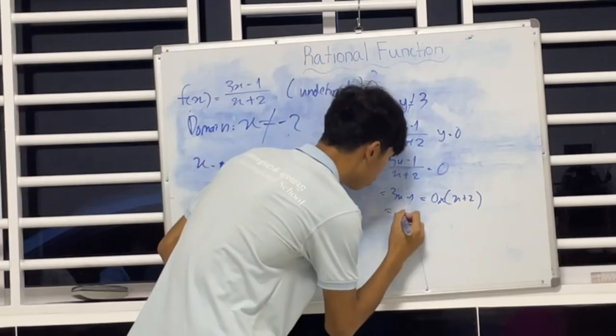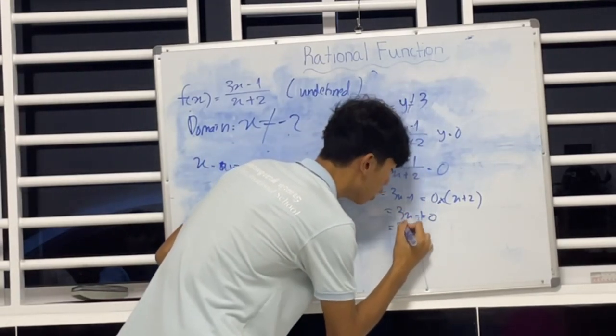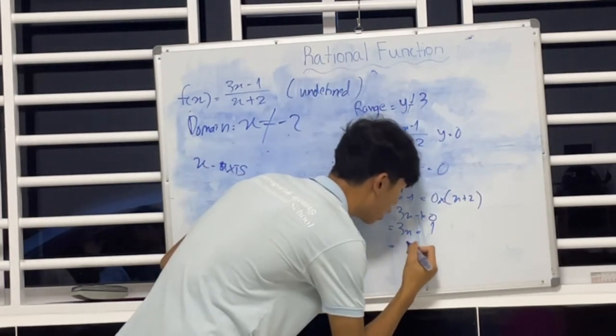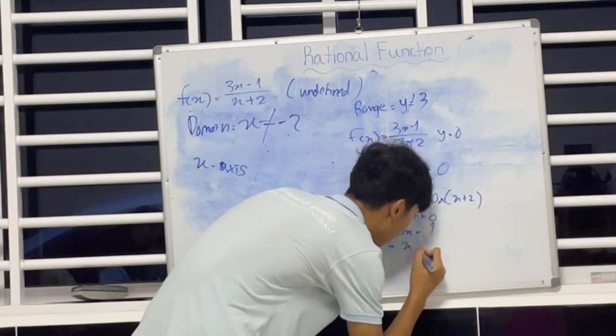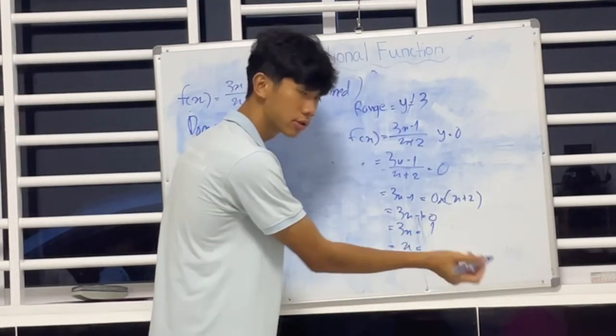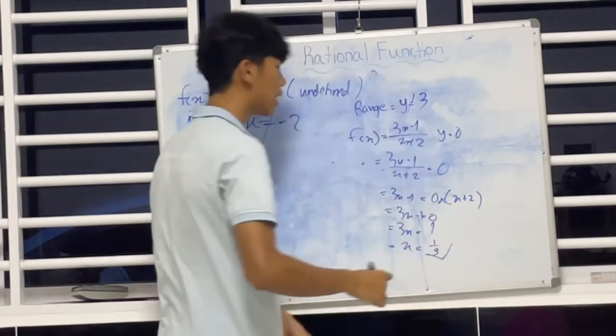Right now you have 3x minus 1 equals 0. Move the 1 to the other side, then we get 3x equals 1. To find x, you divide, so x equals 1 over 3. This is how you find x.